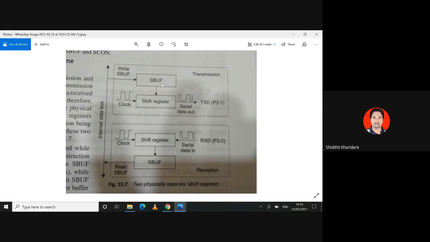So now please draw this figure fast, and meanwhile, if you have any questions, please ask. I am telling you again, if you do not ask questions, I will understand that you are understanding. And if you are not understanding, you are responsible for that. I am trying my level best to explain each and everything, small details. Please draw this fast, then we will go to the next special function register, that is SCON.